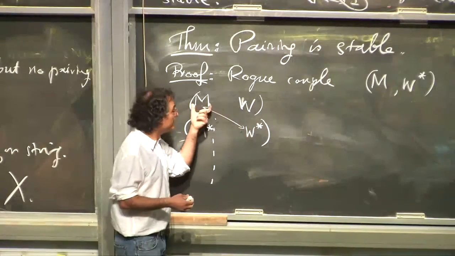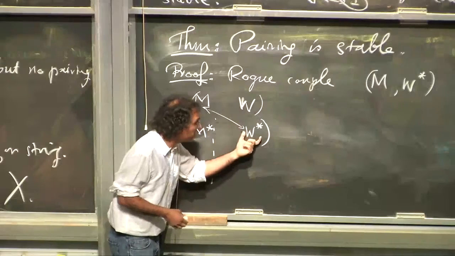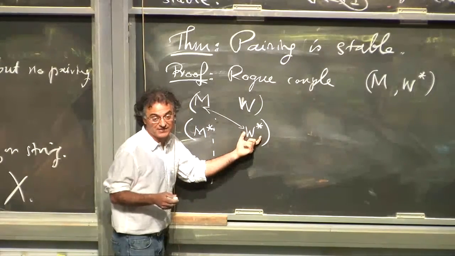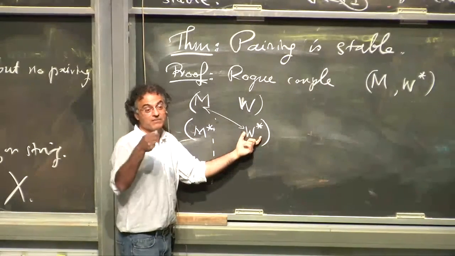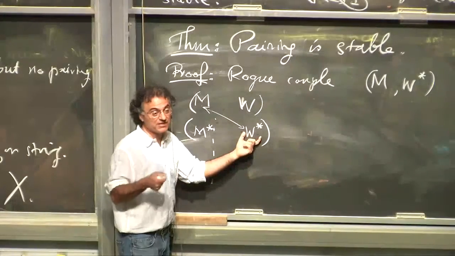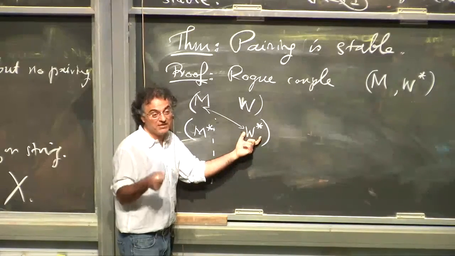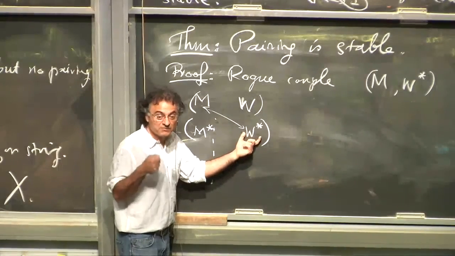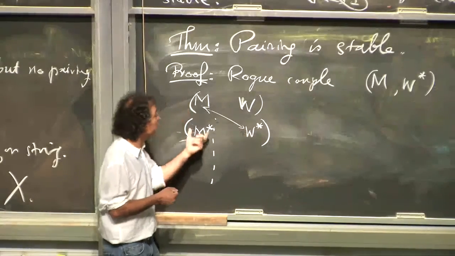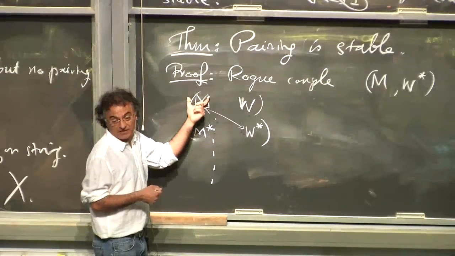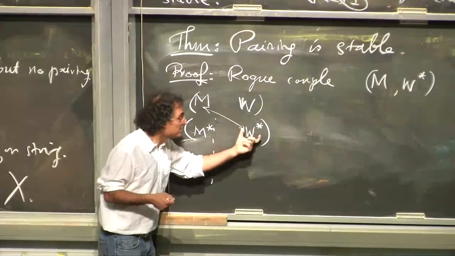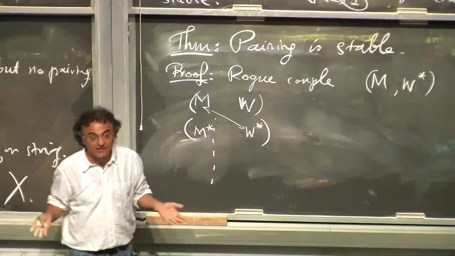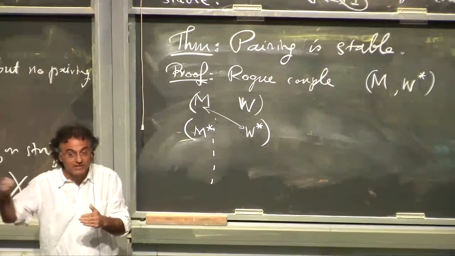On that day when she told him no, never, she told him that in favor of somebody, some other man who she said maybe to, and that man she prefers to M. Now, by the improvement lemma, the man she ended up with is even better, if anything, because things are getting better and better for her.